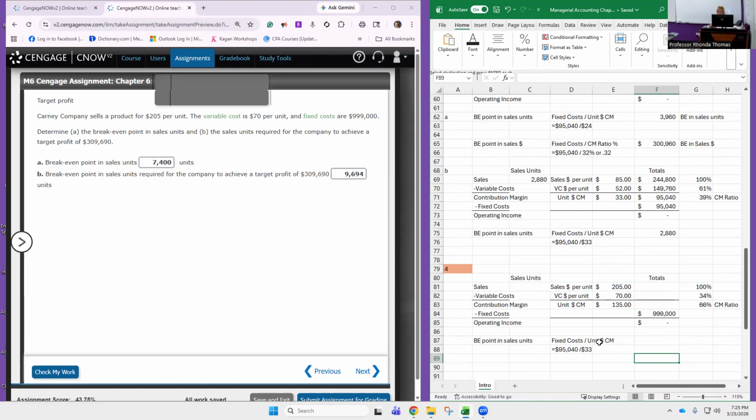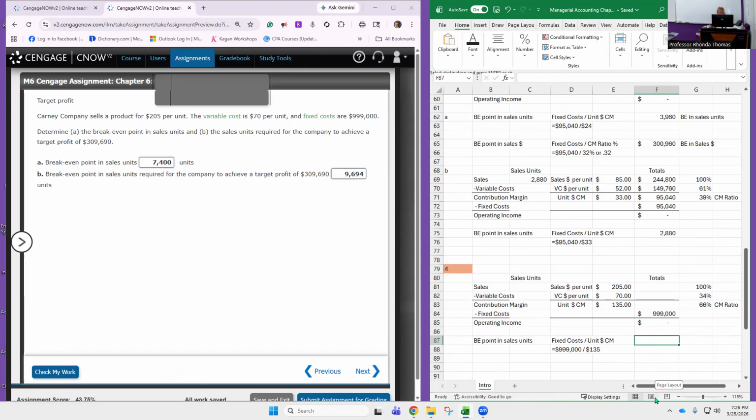Now we need fixed costs, which is 999,000 divided by our unit dollar contribution margin, 135.